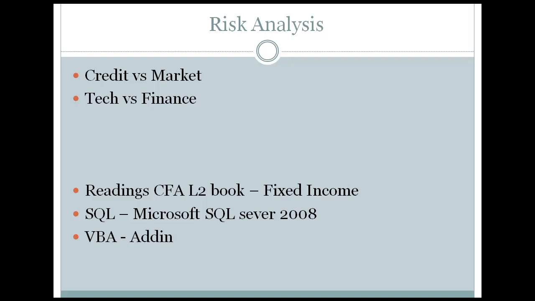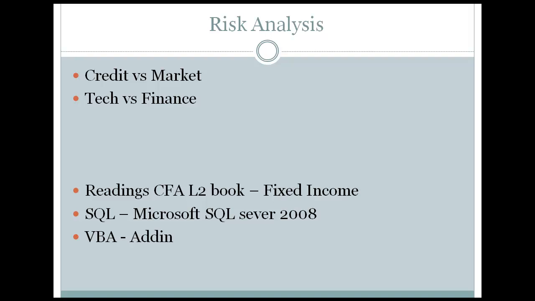Now you need to understand the difference here. The difference is that on the market risk you have to understand about market. On the credit risk you have to understand about things like mapping people who are defaulting, finding out whether the people are going to default or not, or so on.